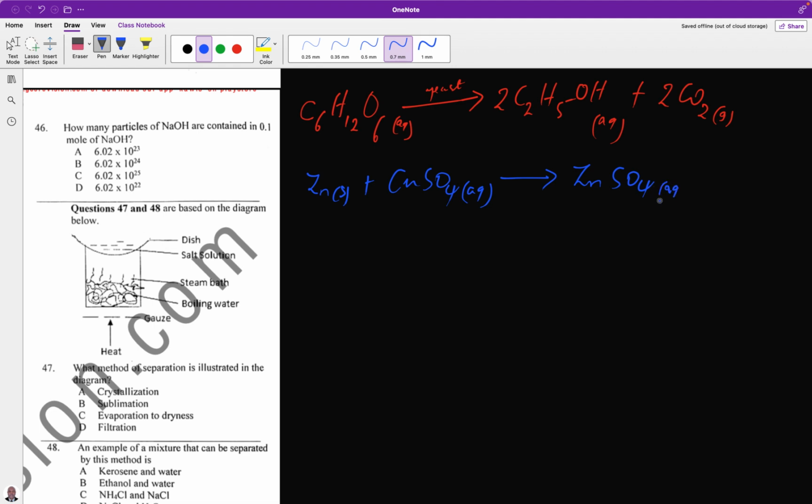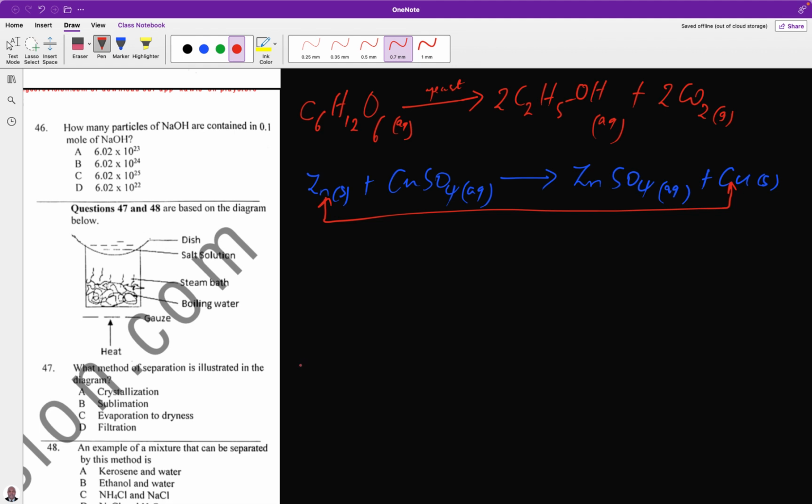We are dealing only with zinc and copper here. 16 grams of copper is equivalent to how many moles of copper?